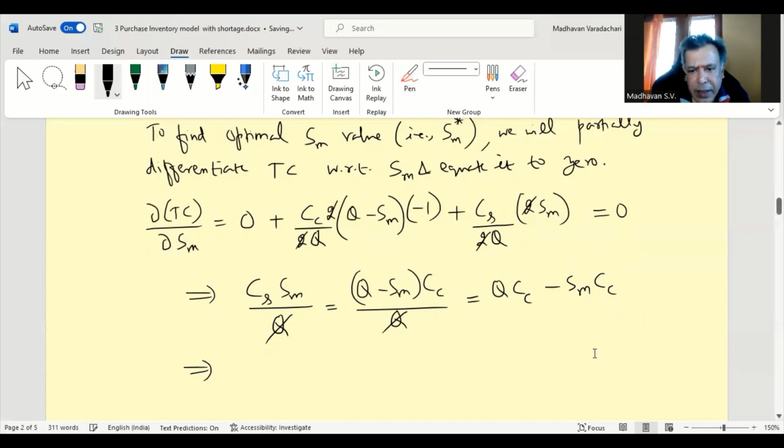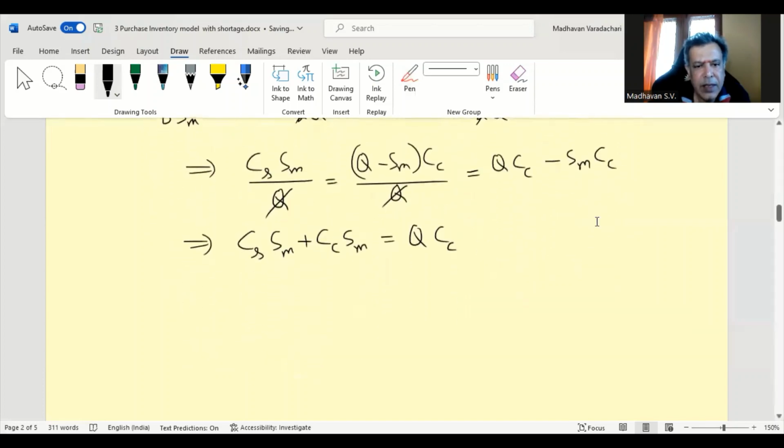Now I can bring this negative Sm Cc to the right side. It will become Cs Sm plus Cc Sm is equal to Q times Cc. So in the left hand side now, Sm can be taken outside.